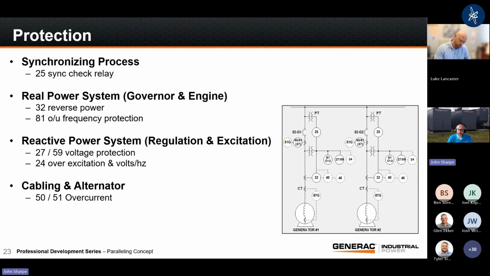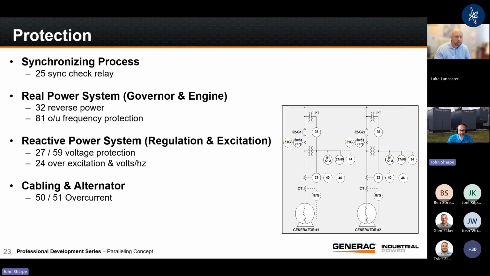Within that paralleling controller, there's going to be some protections, as I mentioned before. Reverse power 32 is going to be one of those functions. We're going to have to make sure that we have good voltage on both units. So we're going to be measuring voltage and make sure that we don't have any overexcitation, like I said, where maybe one unit is powering another one. So one is cranked up to a bit of a higher voltage.